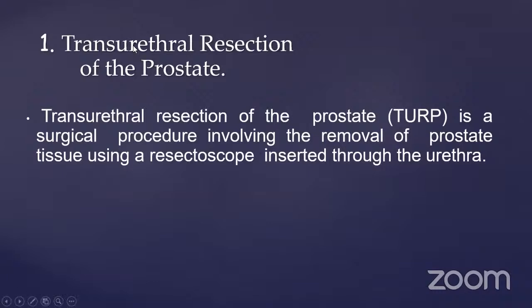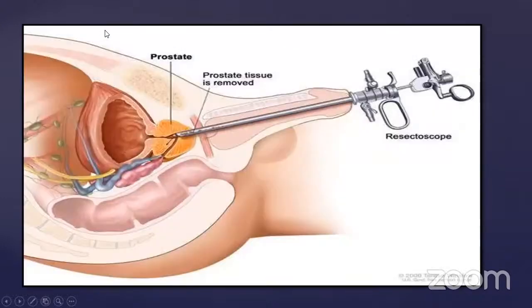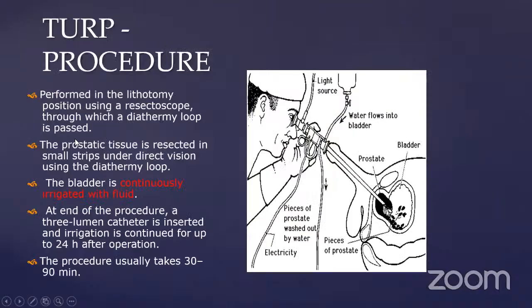The TURP, transurethral resection of the prostate, is a surgical procedure involving the removal of prostate tissue using a resectoscope inserted through the urethra. This is the prostate and this is the resectoscope which is inserted through the urethra. The resection of enlarged prostate tissue is done through this method.